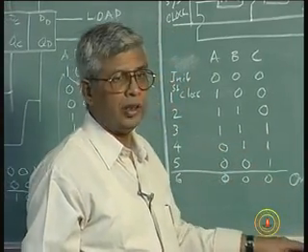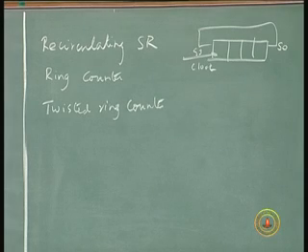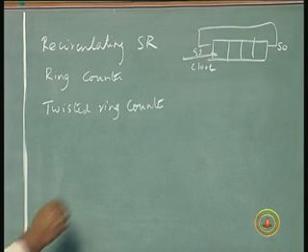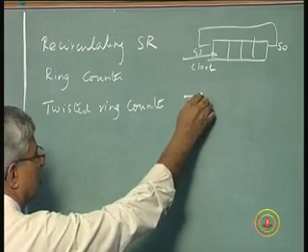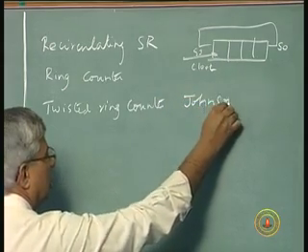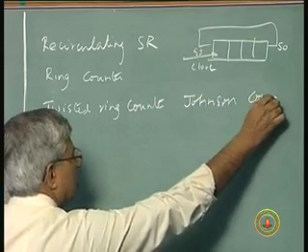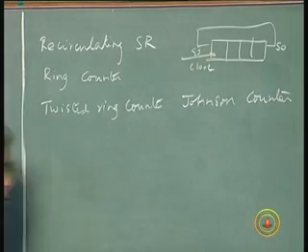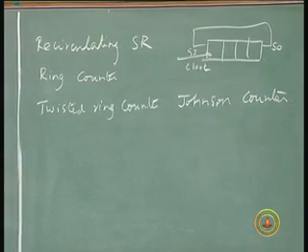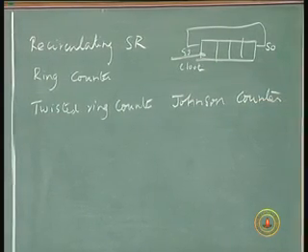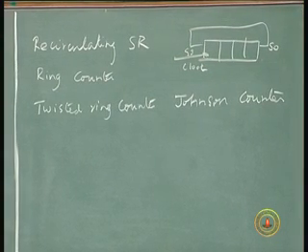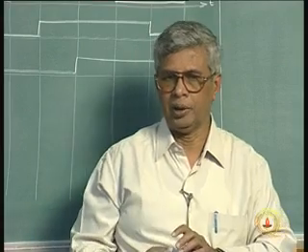This counter is also called a Johnson counter. Again, it is used commonly for multiple phase generation. As I said, you want to have lights turning on and turning off in a particular sequence, you can do this. That is one example.